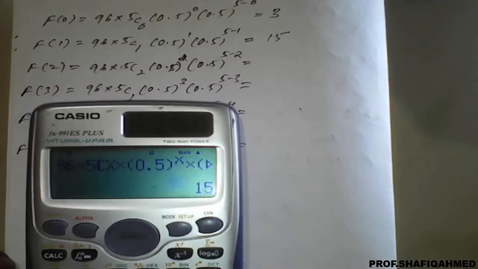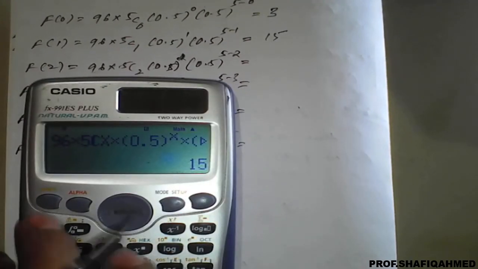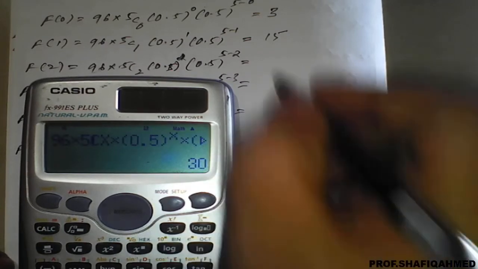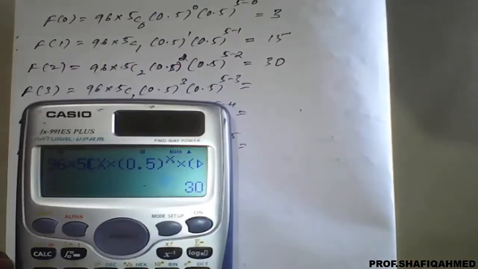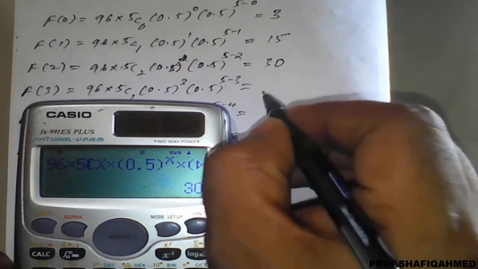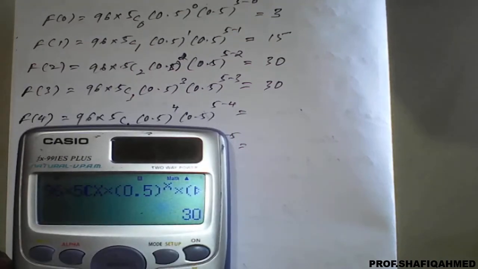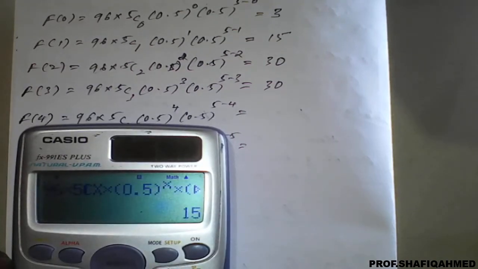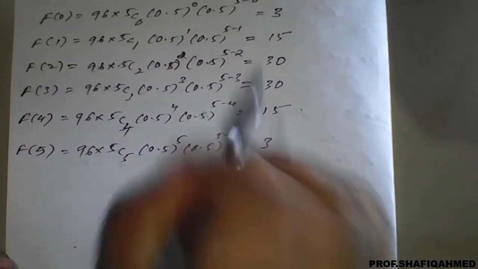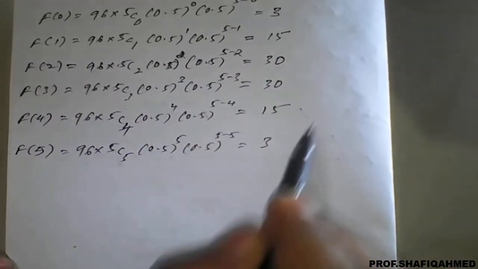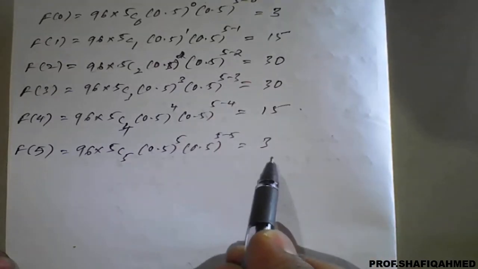We'll go one by one. When x is 2, the result is 30. When x is 3, the result is 30 again. When x is 4, it is 15. When x is 5, it is 3. So these are the results we got, and all these results are the theoretical frequencies.